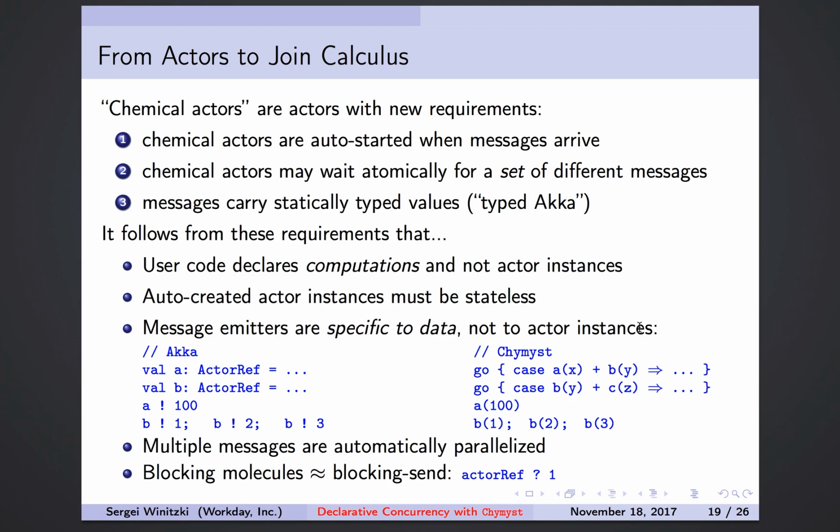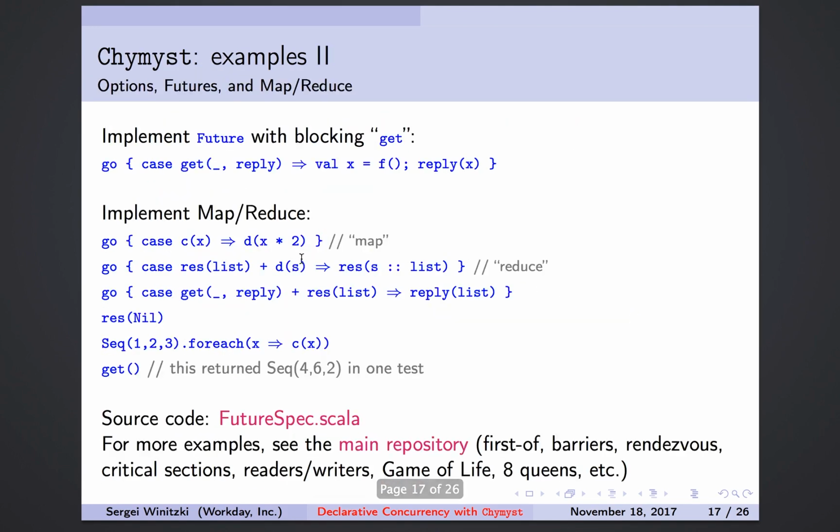The carrier molecule or the result molecule, these are things that we reason about as specific to the data. The result molecule carries the final data. The molecule C carries the initial data. The molecule D carries the intermediate data. We do not reason about processes that run. We reason about data that exists or that should be created.